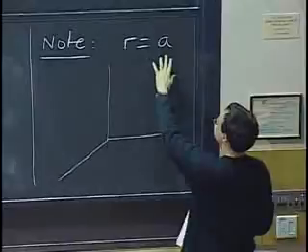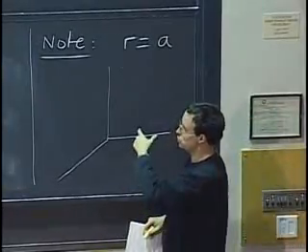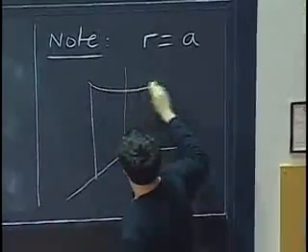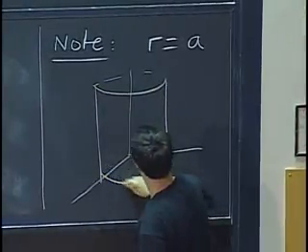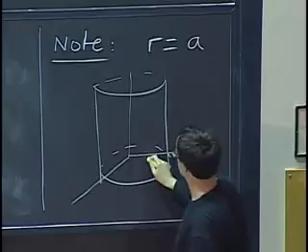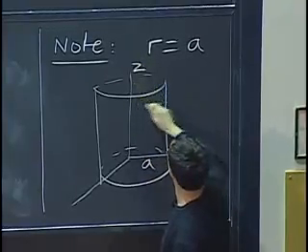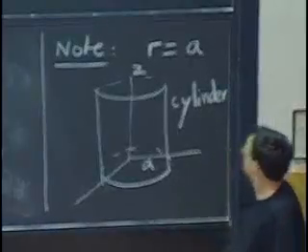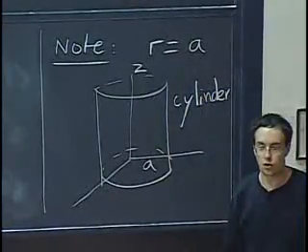And the set of points where r is a, well, that's all the points that are at distance a from the z-axis. So in fact, what you get this way is a cylinder of radius a, centered on the z-axis. So that's why they're called cylindrical coordinates.